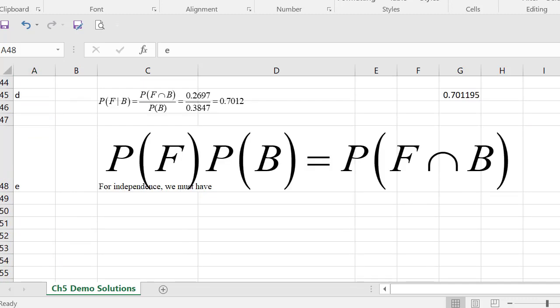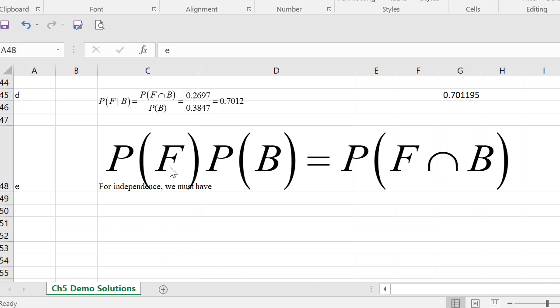So to use the multiplication law on page 177, we note that the probability of F times the probability of B should equal the probability of F intersection B. If that's true, then they're independent. If it's not true, then that's not independent.